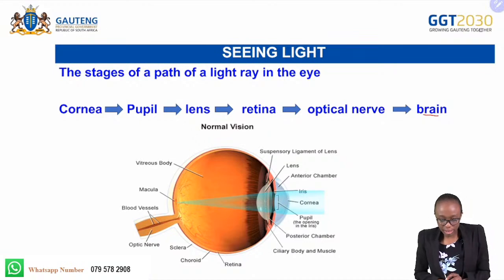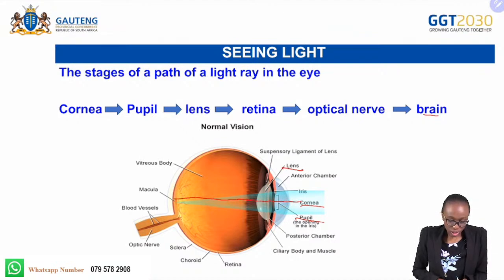So once again, the light travels from the cornea and then moves through the opening, the pupil. Then it passes the lens. So it moves from the cornea to the pupil. It passes the lens, then to the retina, where we've got our light sensitive receptor cells. Then from the retina, the stimulus is converted to an impulse.